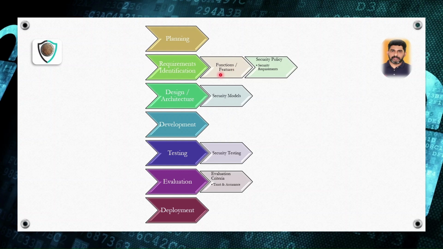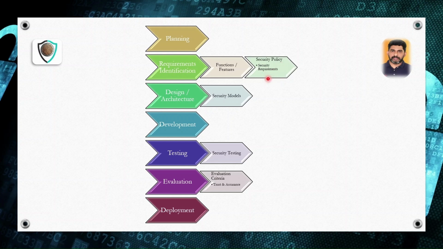As a part of that, we identify the features of the system or software, and also the required security features. The security requirements or security goals of that particular system or software will be captured in the security policy.